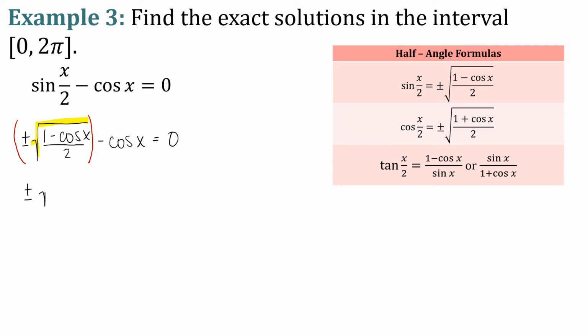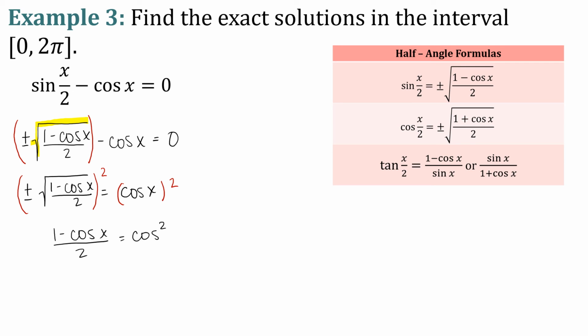So plus or minus the square root of 1 minus cosine of x all over 2 equals cosine of x. So now we need to square it. We learned how to solve equations with radicals in the past. 1 minus cosine of x divided by 2 equals cosine squared x.